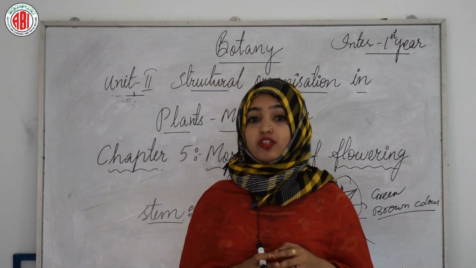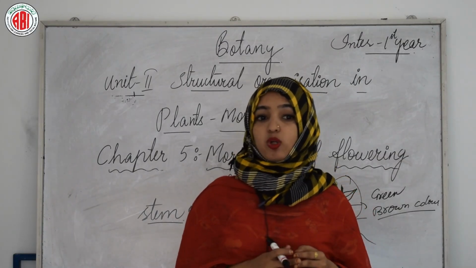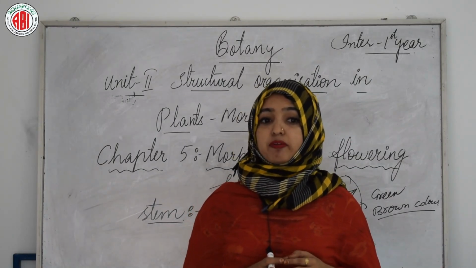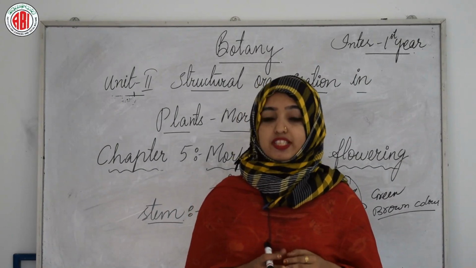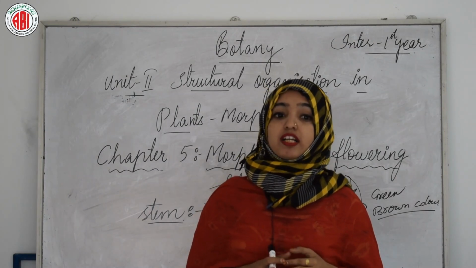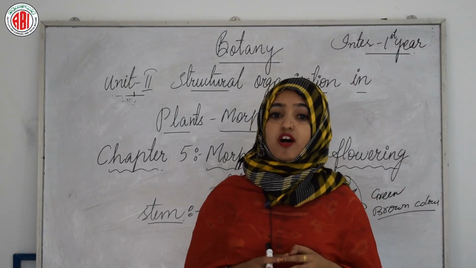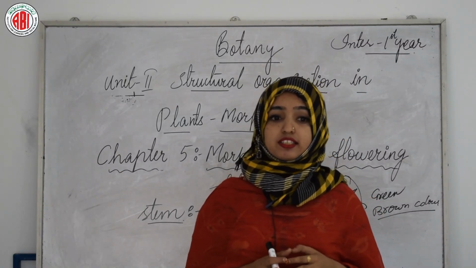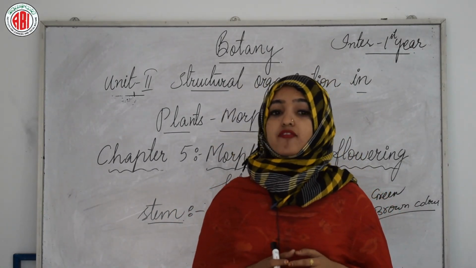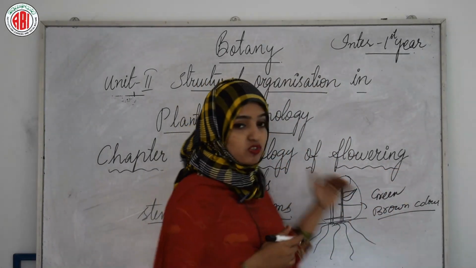Such plants which show these underground stem modifications not only store food materials but also act as organs of perennation to tide over conditions unfavorable for growth, and they also help in vegetative propagation. The stem tuber of potato, rhizome of Zingiber and Curcuma, that is turmeric, corm of Amorphophallus, that is Zaminkand, and Colocasia, and bulb of onion are a few examples of plants that show such modifications, that is underground stem modification.